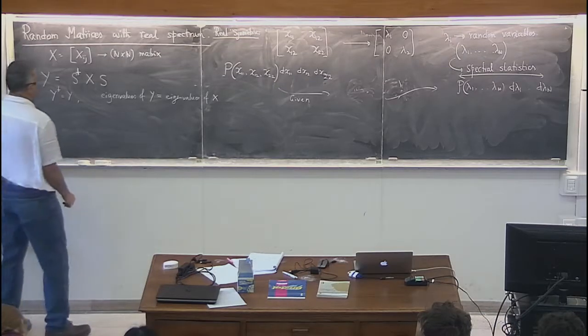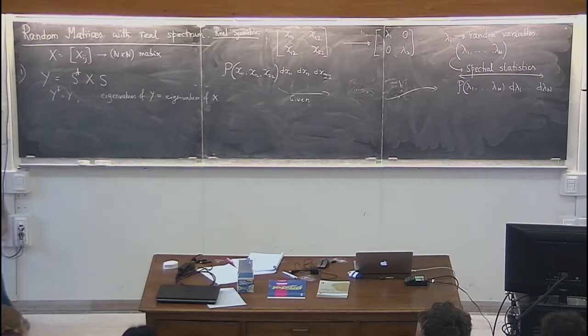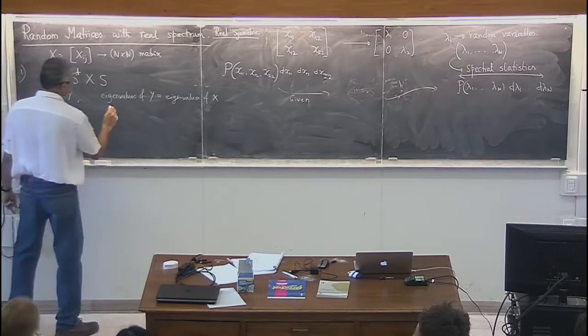I will not prove it, but this is a home task, if you like. It is very easy to show that the eigenvalues of Y are the same as the eigenvalues of X. Okay. So when you make a similarity transformation or change of coordinates, basis, the eigenvalues don't change, but the eigenvectors will change.